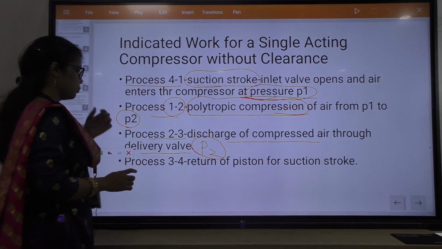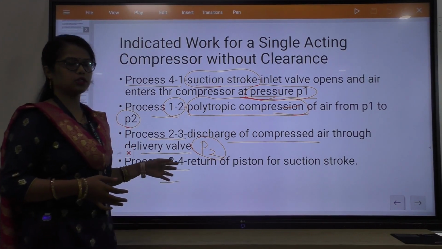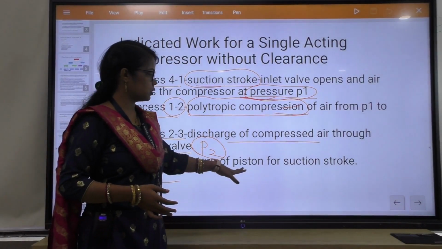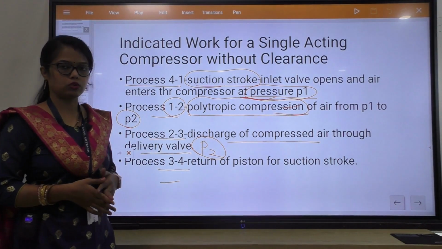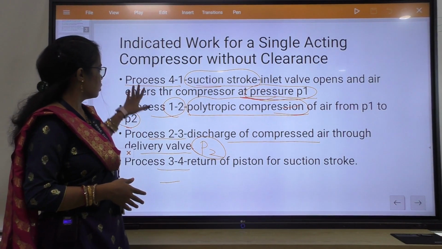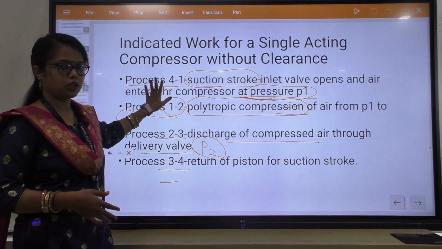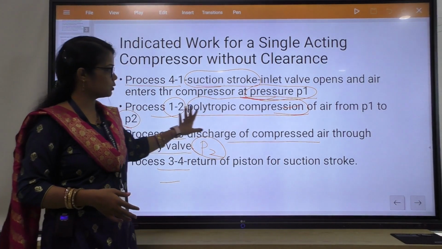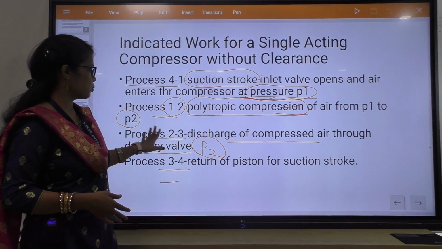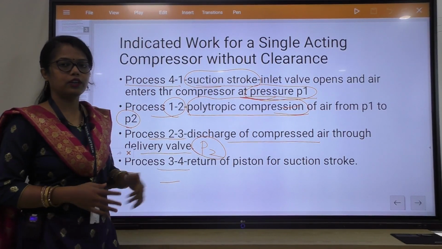Then process 3 to 4 is the return of the piston for the next suction stroke. That is not a process, only the returning of the piston for the next cycle. The suction happens at pressure P1, then process 1 to 2 is the polytropic compression process, then process 2 to 3 is the discharge of compressed air through the delivery valve.